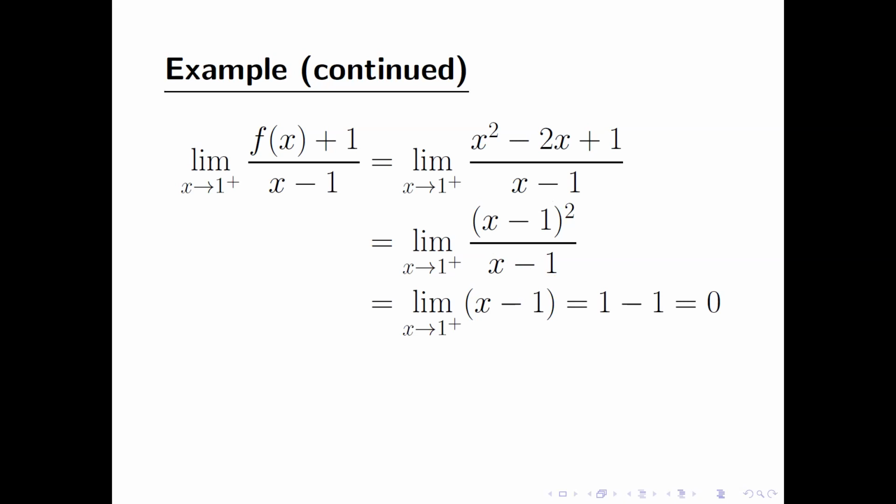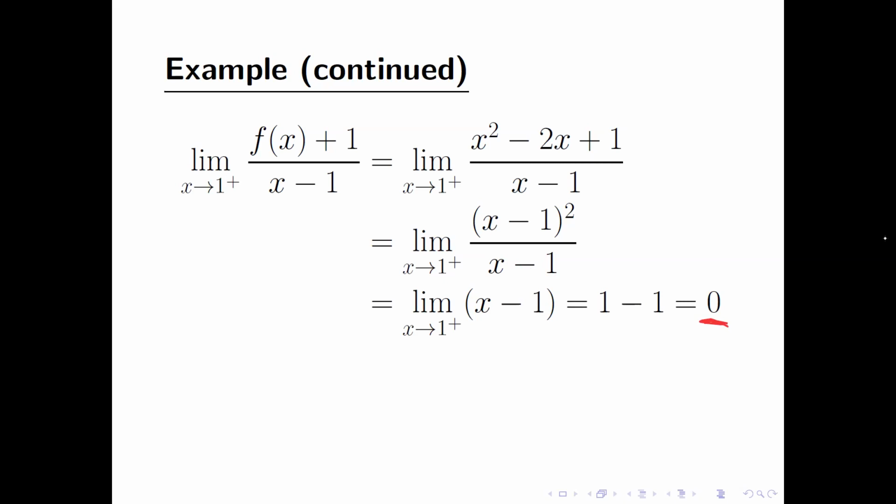One may now conclude that on the left of 1, it gave us minus 2, and on the right, it gave us 0. So it means that it doesn't give us the same value. So in conclusion, similarly with the limit, if the limit exists, from the left and the right should give us the same value.